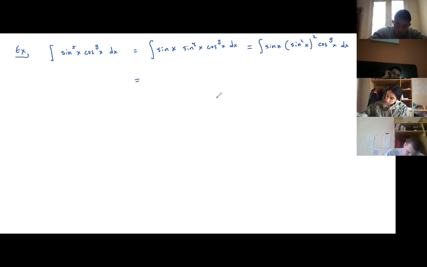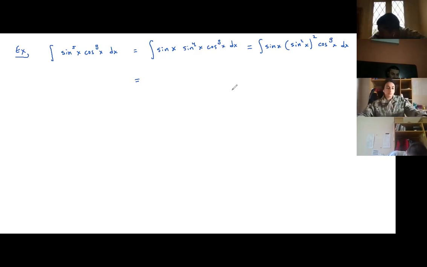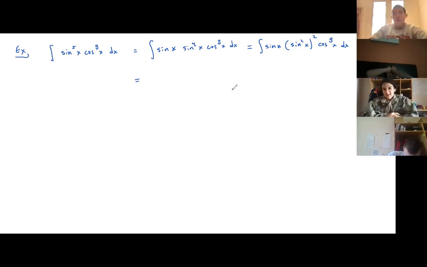Everybody all right with that? Why would you always go for the odd power? Because I want to be able to have this sine dx or a cosine dx. And then even powered stuff, I can use the Pythagorean theorem to convert over to the other stuff.